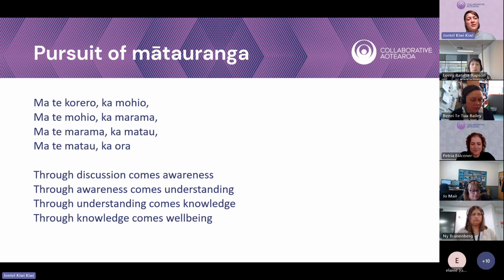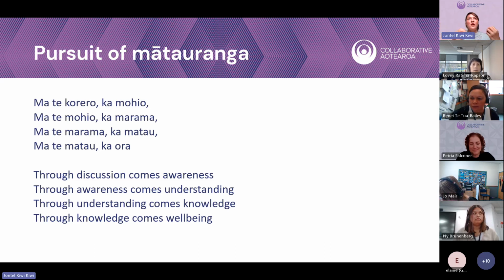And what I love about this is that for me, in Te Ao Māori, everything starts in te kore, in the darkness and the void. And it's the bringing together of all of the small elements, and then those elements start attracting more and more and more, and then you get growth and creation.